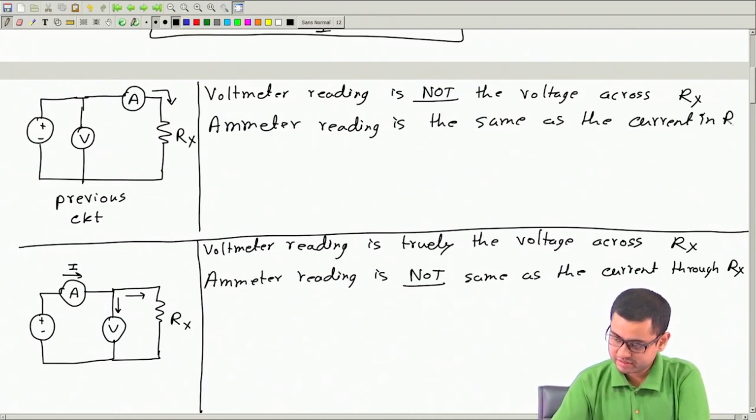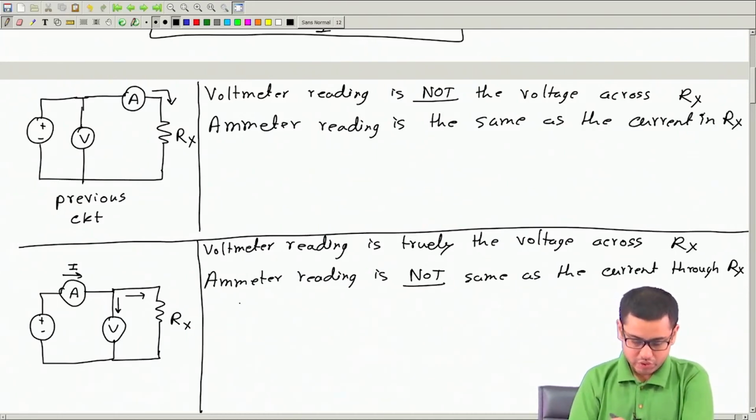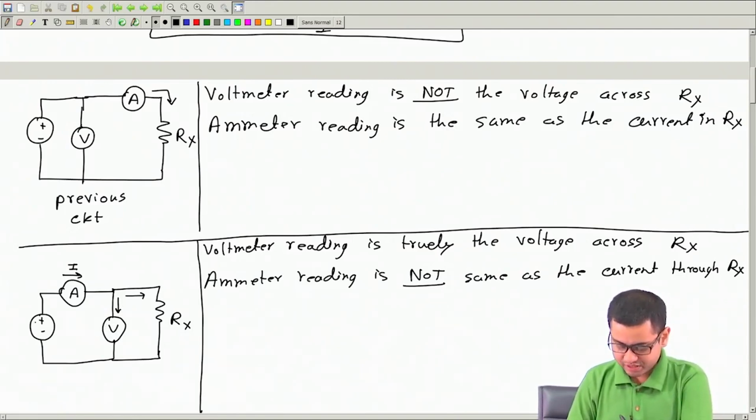So in this circuit the ammeter reading is exactly what we want, but the voltmeter reading is not what we want. In the other circuit the voltmeter reading is exactly what we want, but the ammeter reading is not so. So neither of these circuits is perfect.